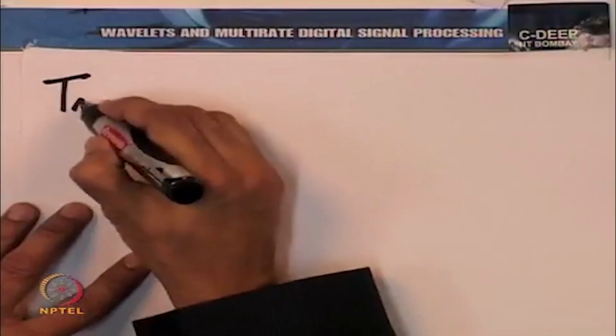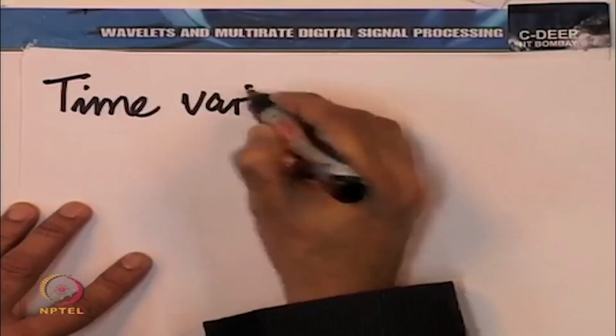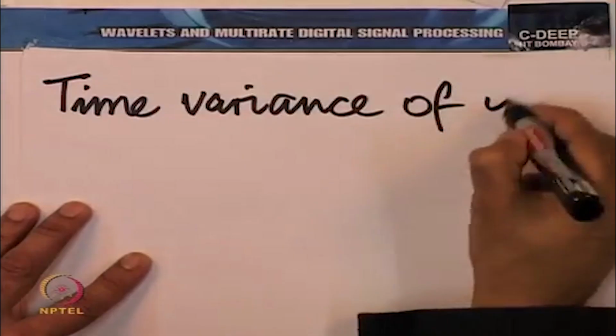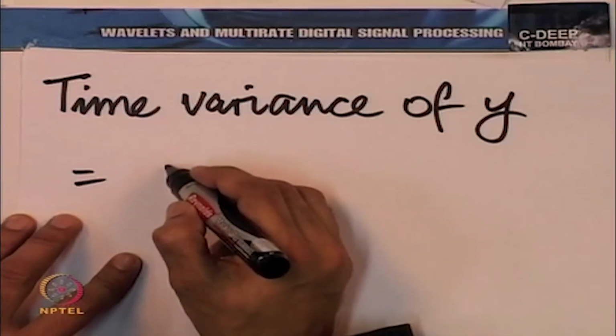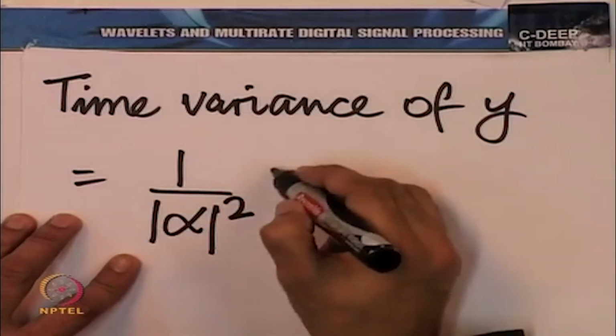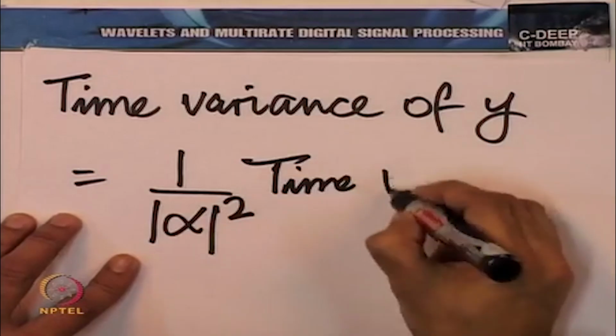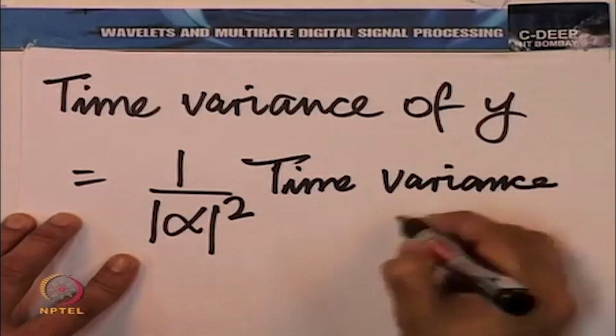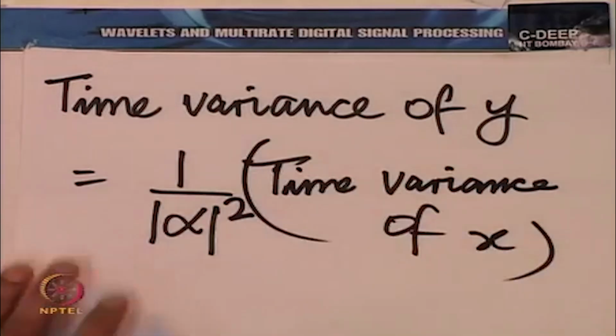Similarly, one could use the same transformation and show the time variance of y. Now, here it is modulus. So, it will be 1 by modulus alpha squared times the time variance of x. And in fact, if we now note that what we are doing in time is reversed in frequency.